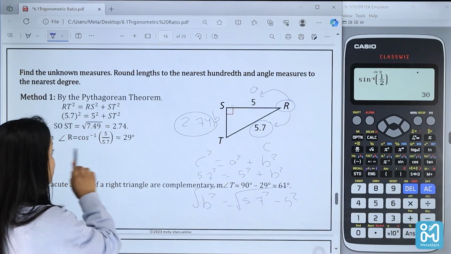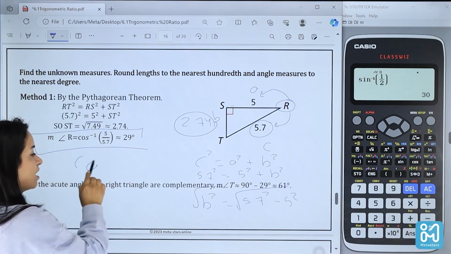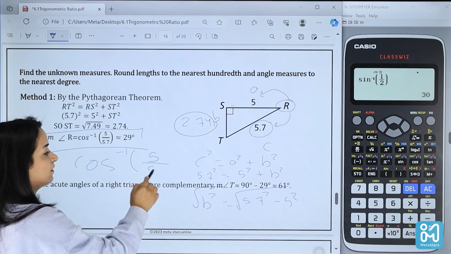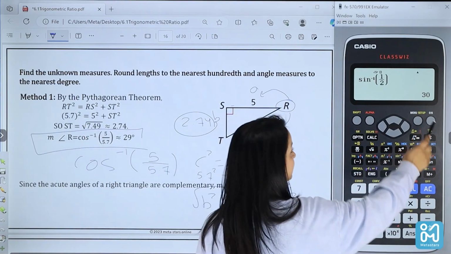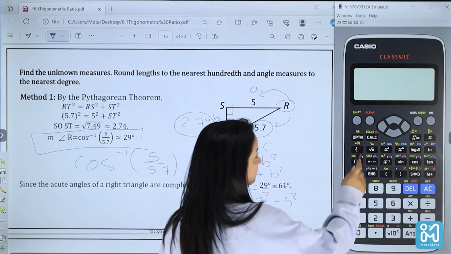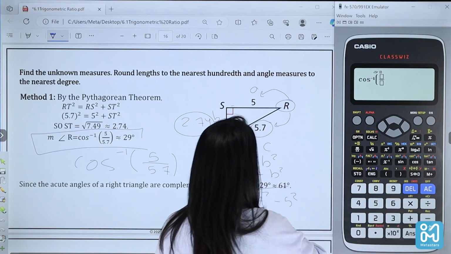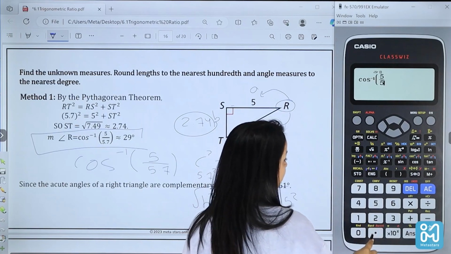So to find the measure of angle R, we say cosine inverse of 5 over 5.7. So directly on the calculator, cosine inverse of 5 over 5.7.